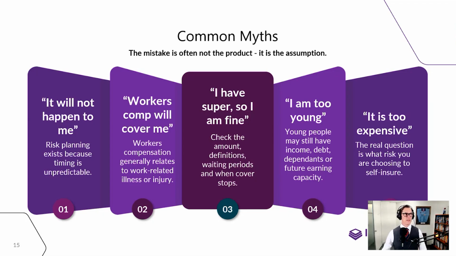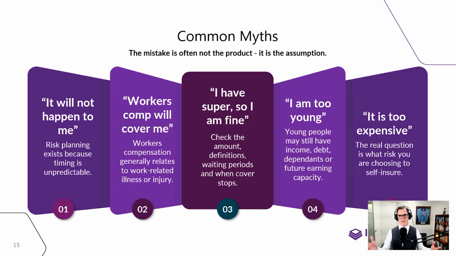Sadly, a good friend of mine who lives down in Victoria has been diagnosed with cancer, and he's been fighting that for quite some time. He also has had a family member recently die from a disease, so the idea that it can't happen to you is crazy. One of the things I picked up early when I was learning how to write advice was to ask people this question: when you know that you're going to be sick or have an illness or have an accident or die, call me a month before and we'll put all these policies in place.